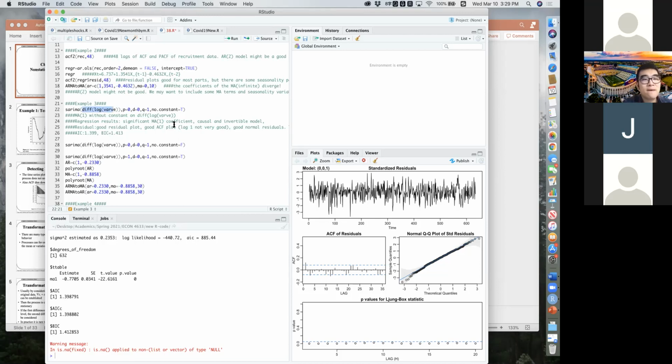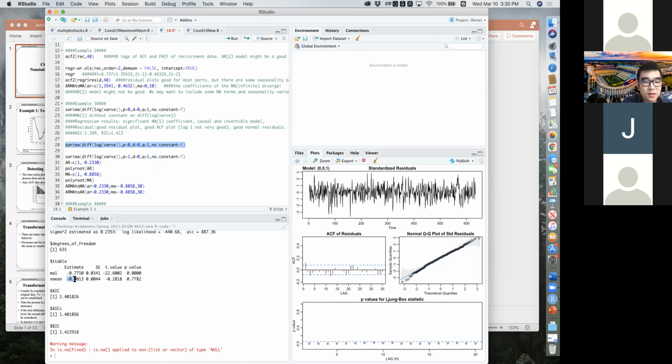We do not include the constant in this model, because we already take the diff. So the model is somewhat like demeaned. Of course you can include it: set no constant equal to F, and that would run a model with a constant.